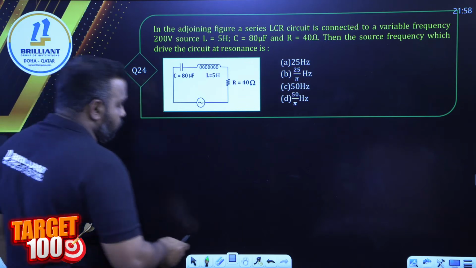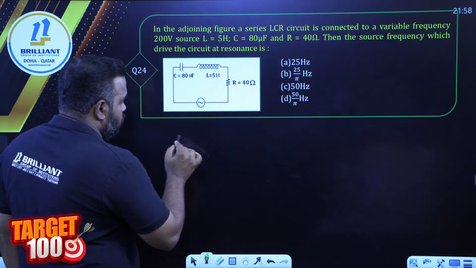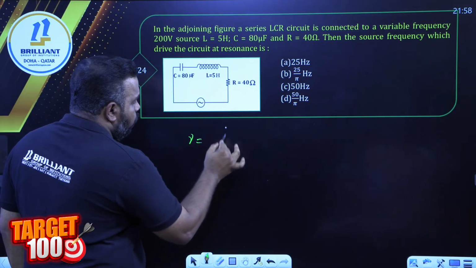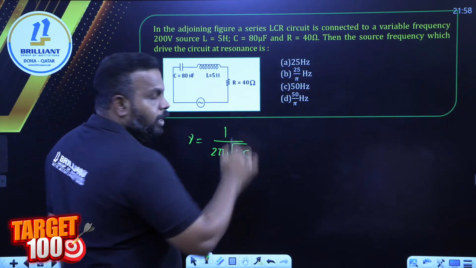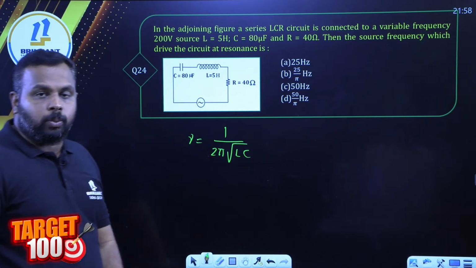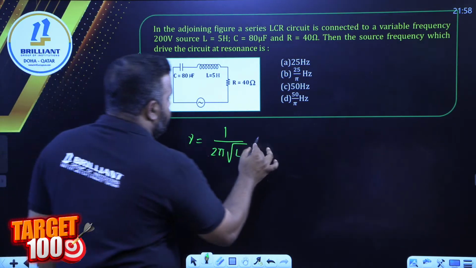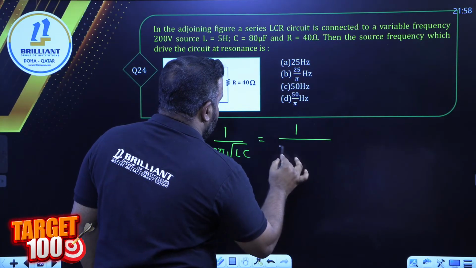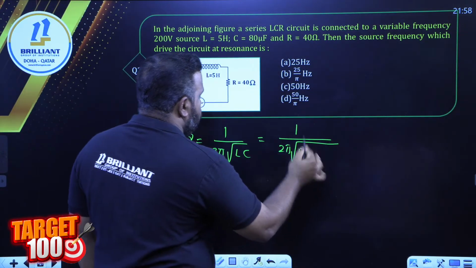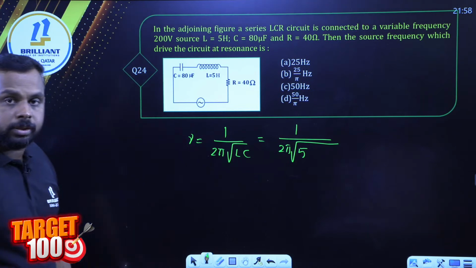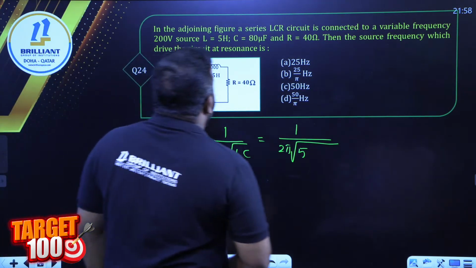Directly you can use the formula. Nu is equal to 1 by 2 pi root LC. This is the formula for resonance frequency. You can substitute: 1 by 2 pi root of L. L is given as 5 Henry only, so no need to make any change. It is in SI unit. C, what is C?